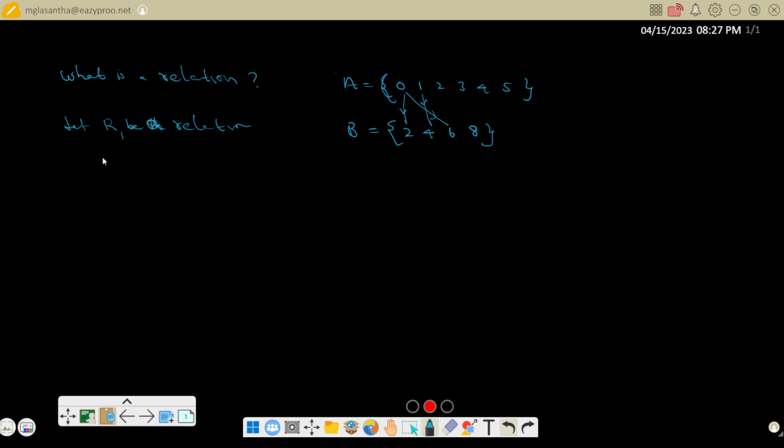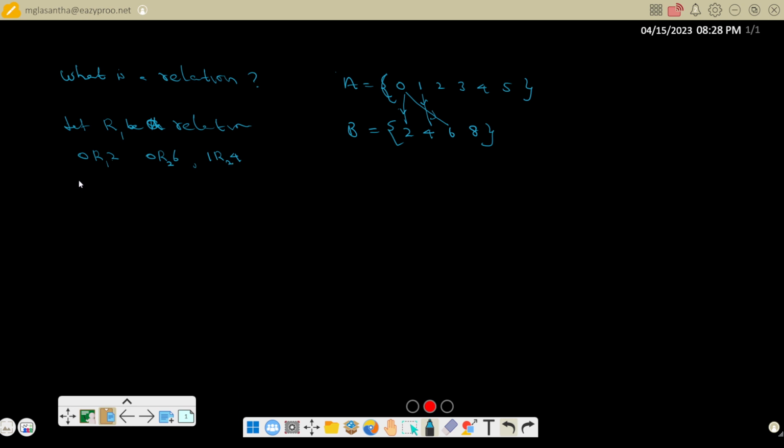In that relation, 0 R1 2 means 0 is connected to 2. Then 0 is related to 6 also, and 1 is related to 4. So this relation you can give like that.